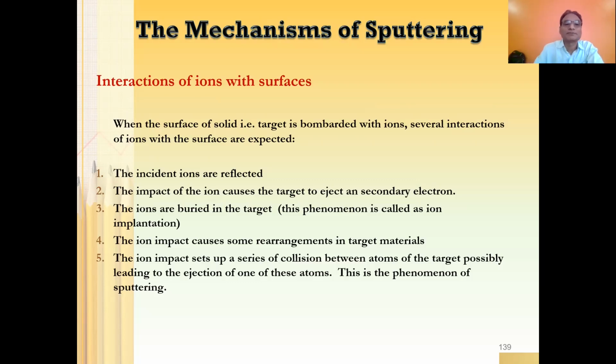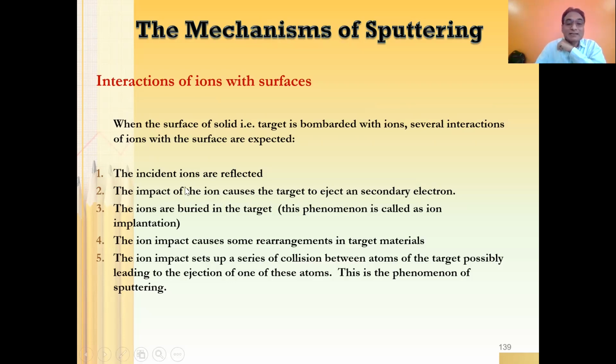When the surface of a solid, that is the target, is bombarded with ions, several interactions of ions with the surface are expected. We call it the target because this is the material which we want to clean, we want to etch, or we want some atoms to be dislodged from. Therefore this is going to be your target material.